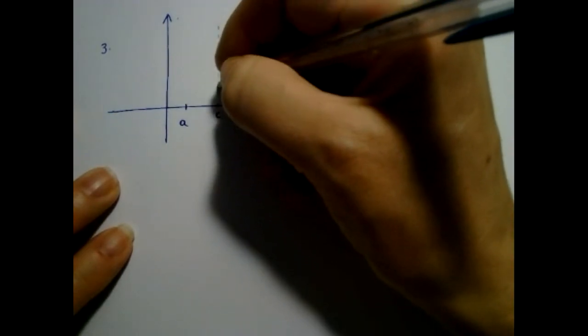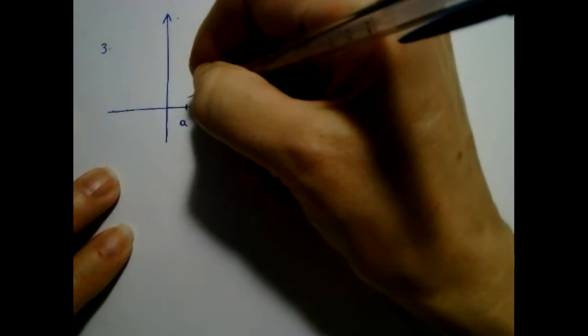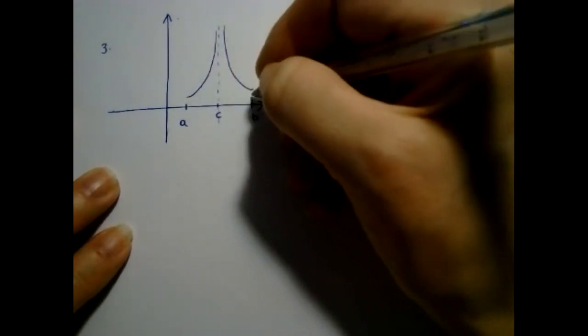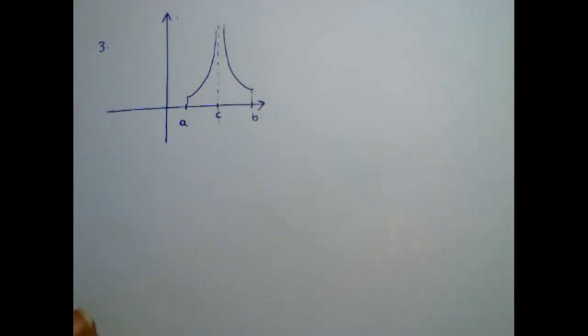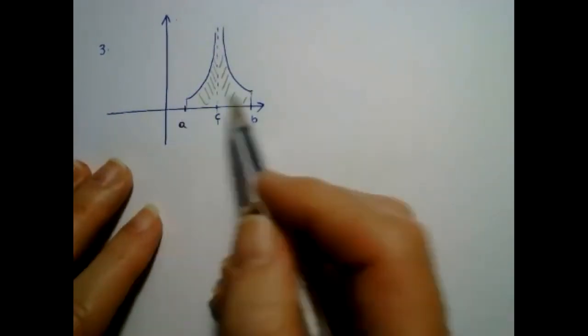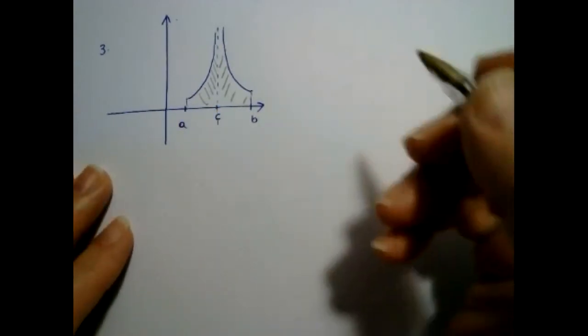So this is my function here, going like that. It doesn't have to be in the middle, but somewhere between a and b it blows up. So again, I have absolutely a problem, an infinite area. Here the function is blowing up in the middle.